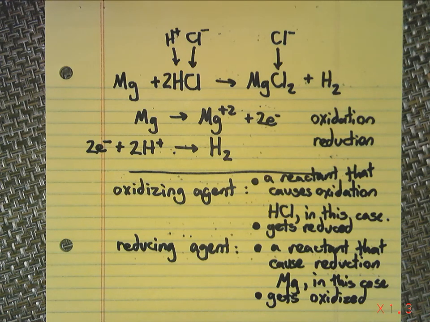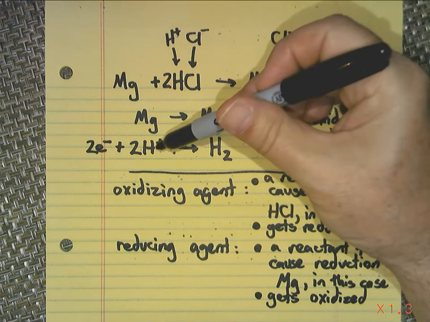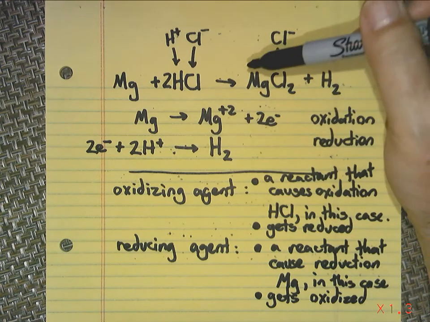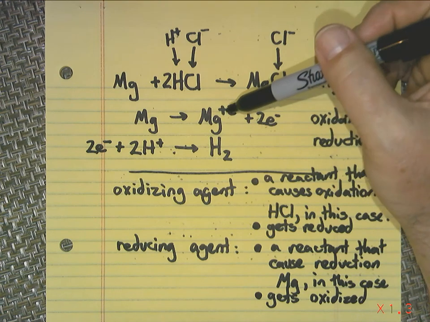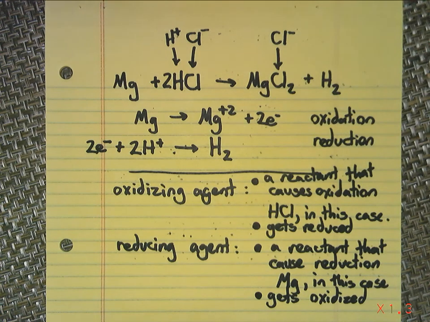All right, to be able to identify oxidizing agents and reducing agents, we are going to have to learn how to assign these charges that we have here. I assigned a +1 charge to the H. I assigned a +2 charge to the magnesium. Some cases we can do this using the periodic table, using the trends in ion charge that we have already talked about in lecture.